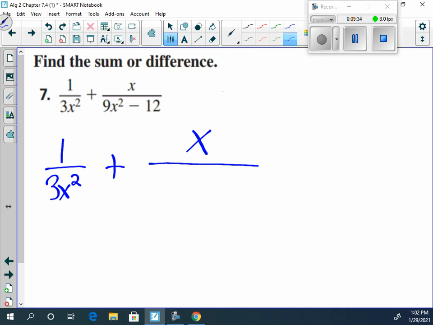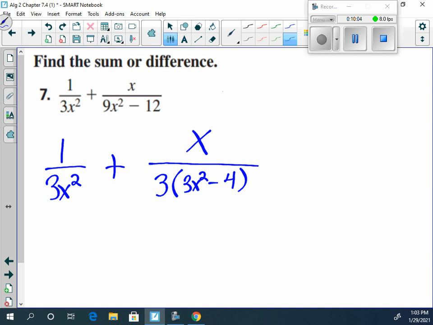So what can we do to the other one? Yes, we can factor out a 3. If I factor 3 out of 9x squared, that would leave me with 3x squared, minus, if I factor 3 out of 12, I'm left with 4. Okay. And can we factor that again?